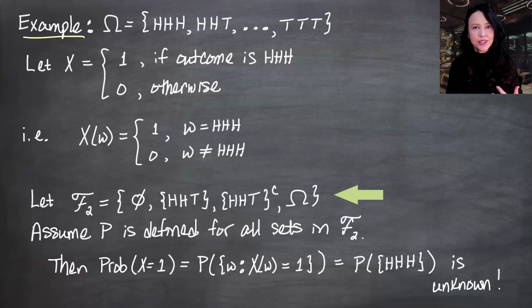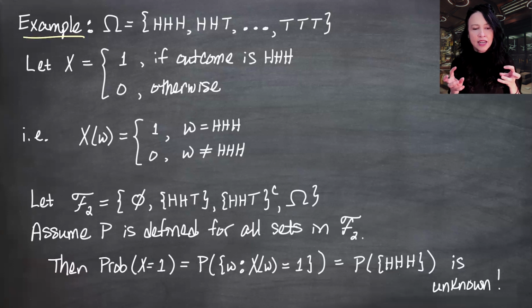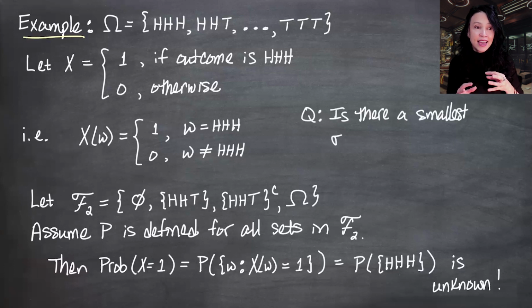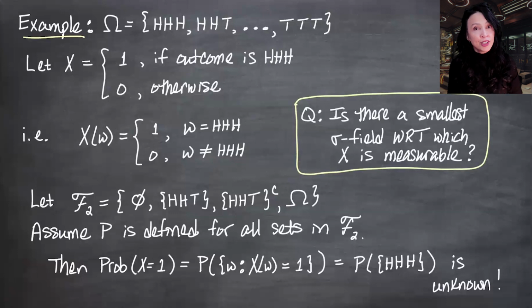So I don't have the definition of P, so I can't work with probabilities as they relate to X. So this function here is not measurable with respect to this sigma field. Now, we looked at all possible subsets, the power set, and we looked at a very restrictive sigma field here. But this begs the question, is there maybe a smallish sigma field with respect to which X is measurable?